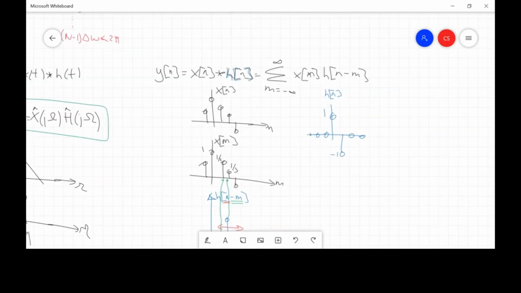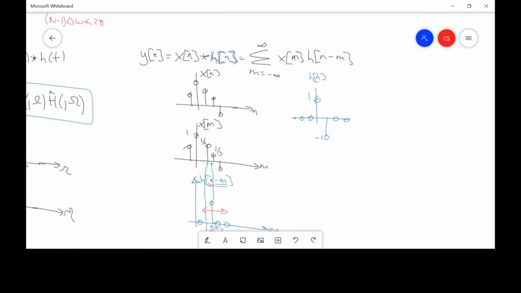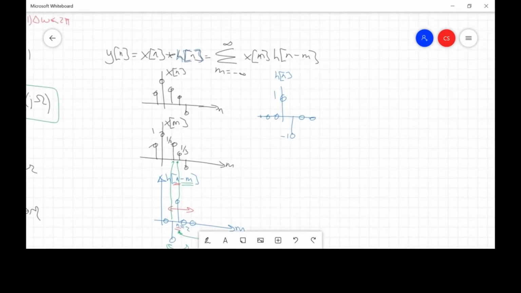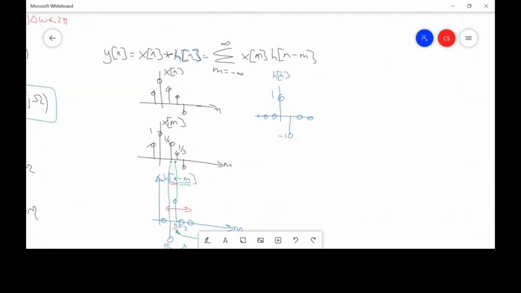Okay. But then, let's say that my h of n is compactly supported.